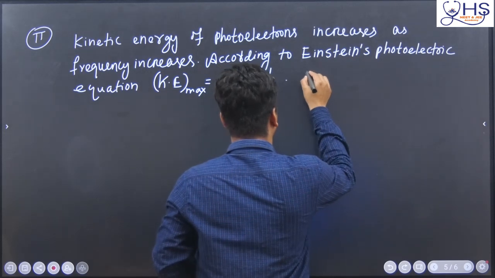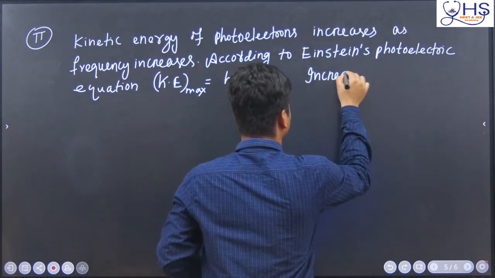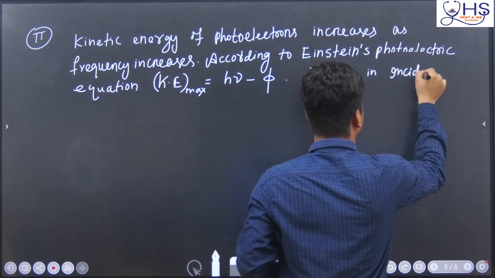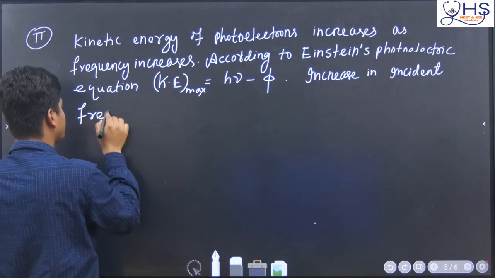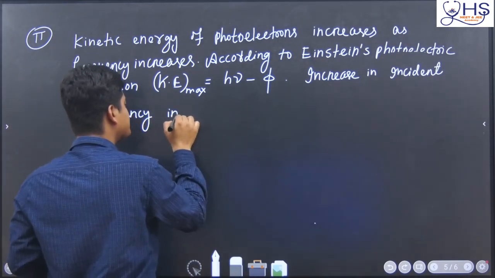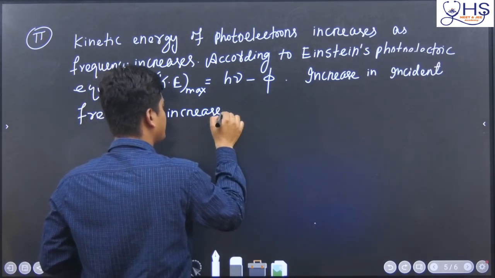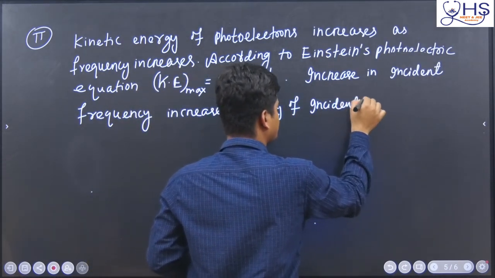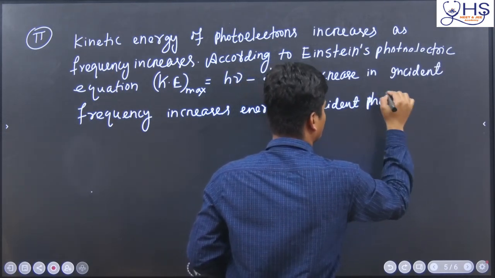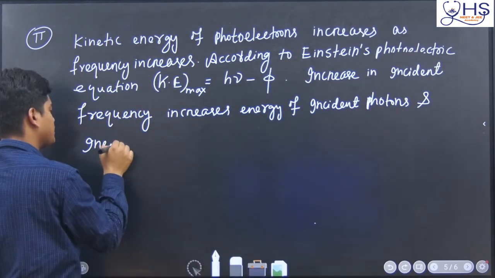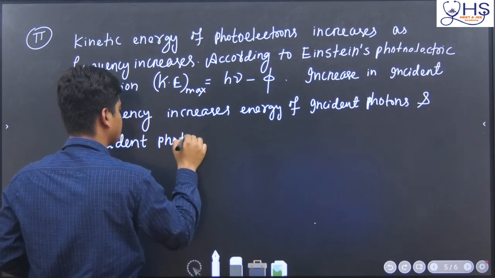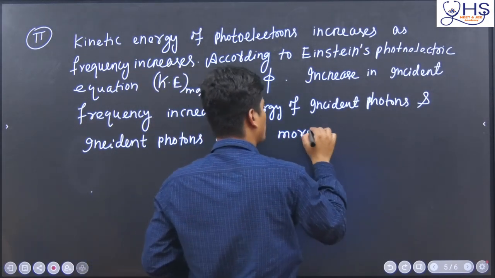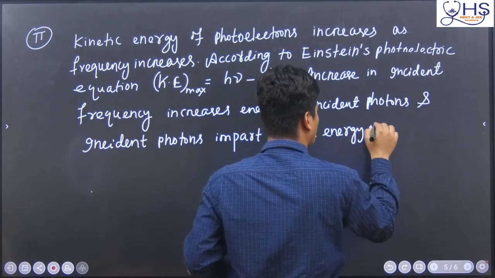So, you can write: increase in incident frequency increases energy of the incident photons, and incident photons impart more energy on photoelectrons.